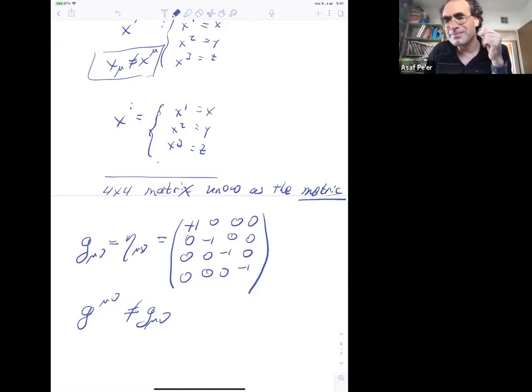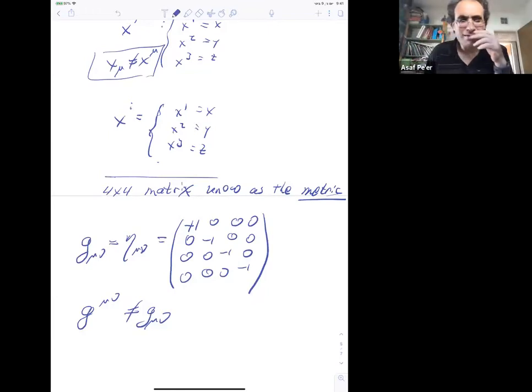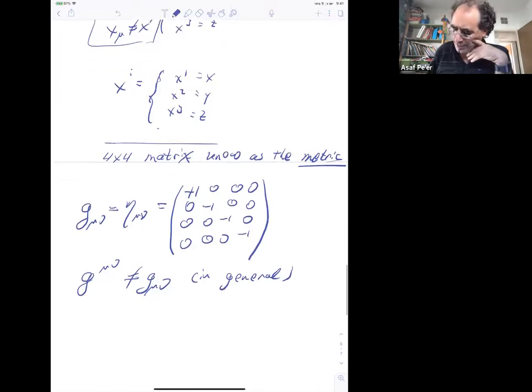Rule number 1, never play with indices. In general, that is, because in this specific case, it's the inverse matrix, which is the same. Now, another very important thing. As I told you, the same metric is defined in astrophysics courses and in general relativity, only with the opposite sign.